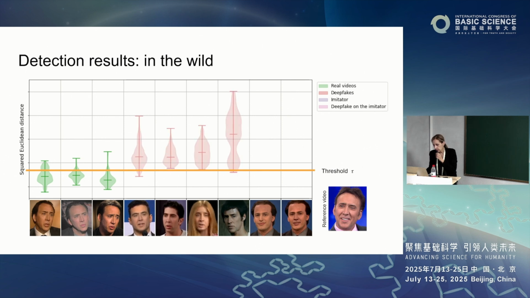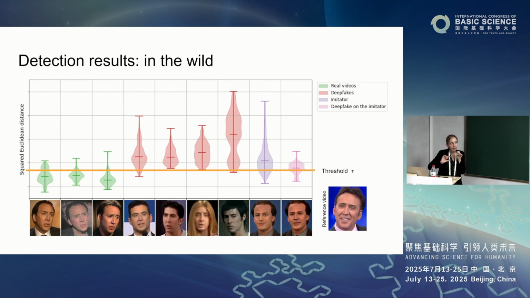Such distance increases for the deepfakes. And then we have two cases which are really challenging. One is actually not a deepfake. This is an imitator. And even for an imitator, it's hard to be perfect with respect to all the possible biometrics of Nicolas Cage. And the other one, which was even more challenging, is a deepfake on the imitator. So that was really hard, and you can see that it's challenging.